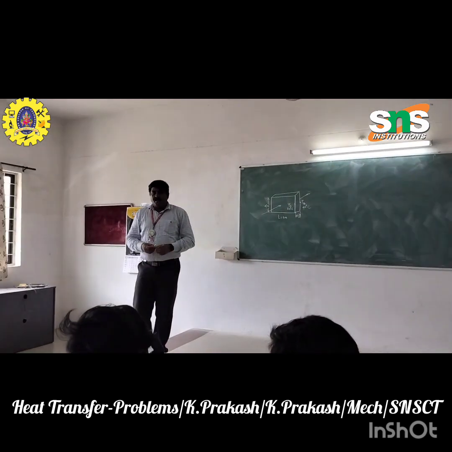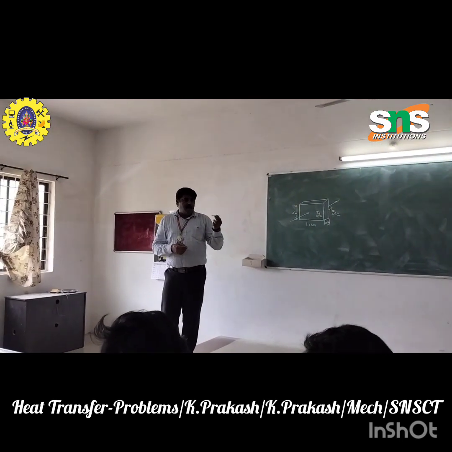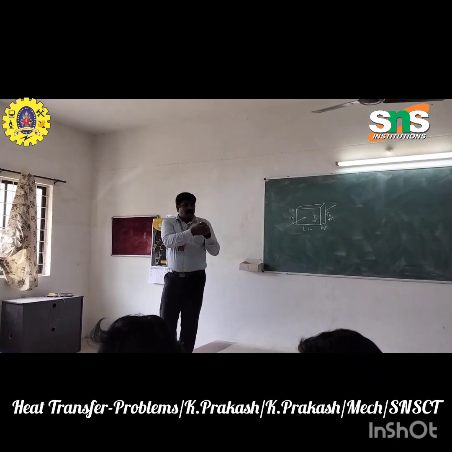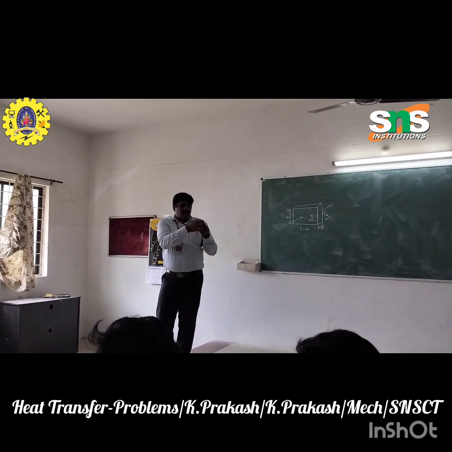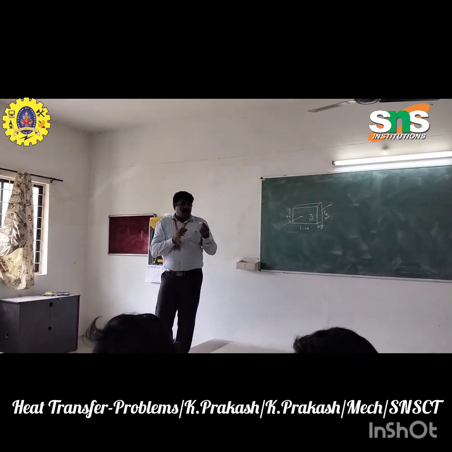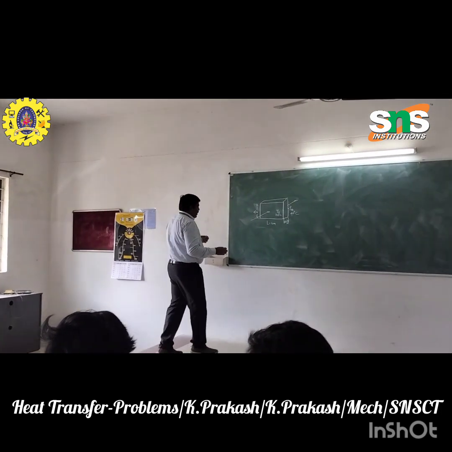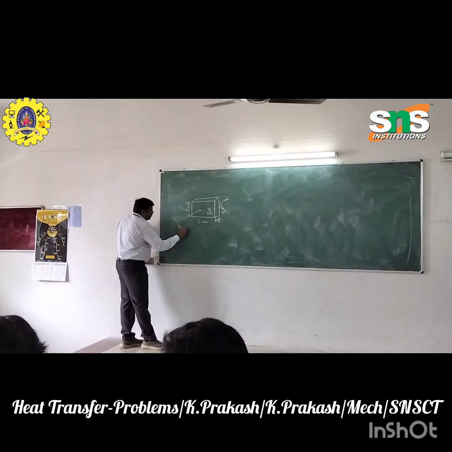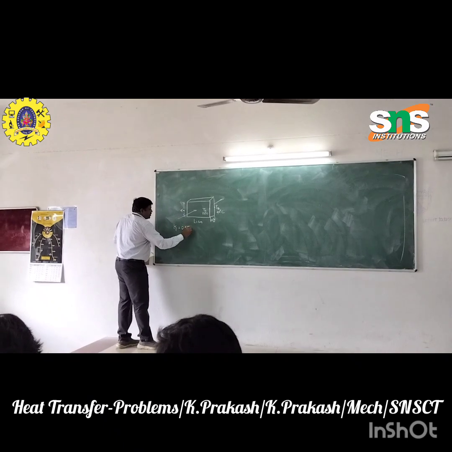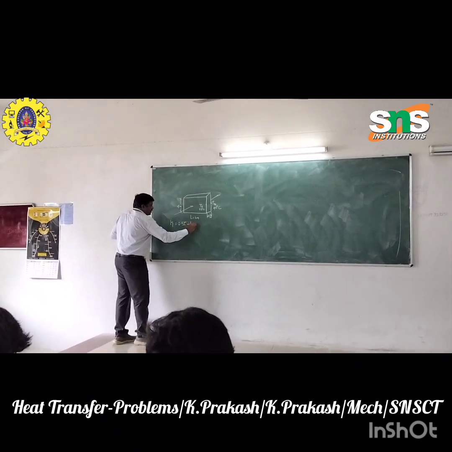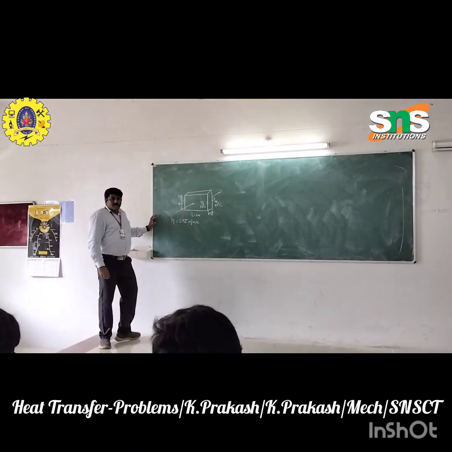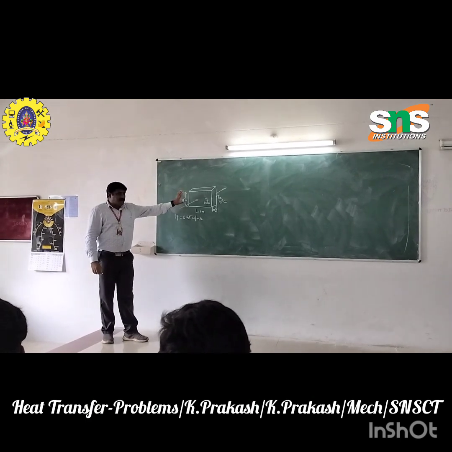Already we have discussed that in a plate or in a rod, whenever it is heated, heat is transferring. Okay. So the thermal conductivity K of this plate is given as 0.0 watt per meter Kelvin. So these are the conditions given.